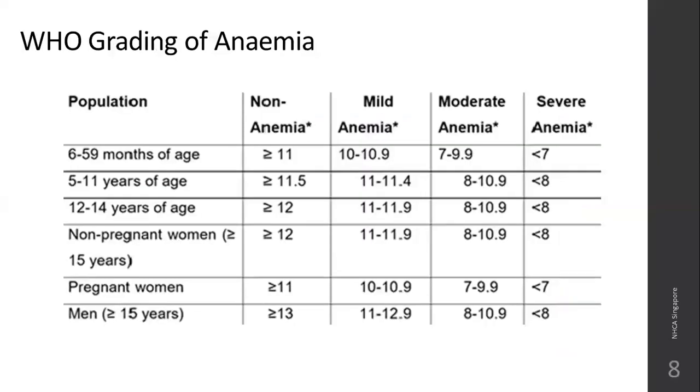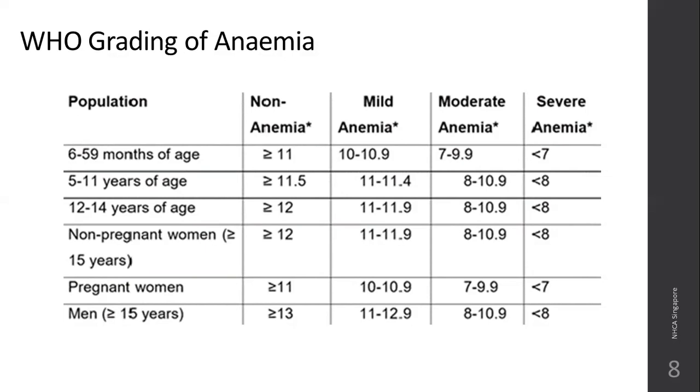First, iron deficiency is the most common micronutrient deficiency throughout the world. WHO, the World Health Organization, has a grading system for anemia. The same table is given in your textbook as well, page number 391, table 30.1.